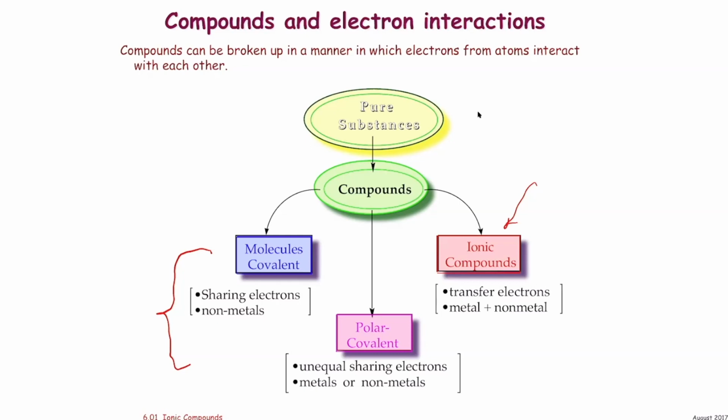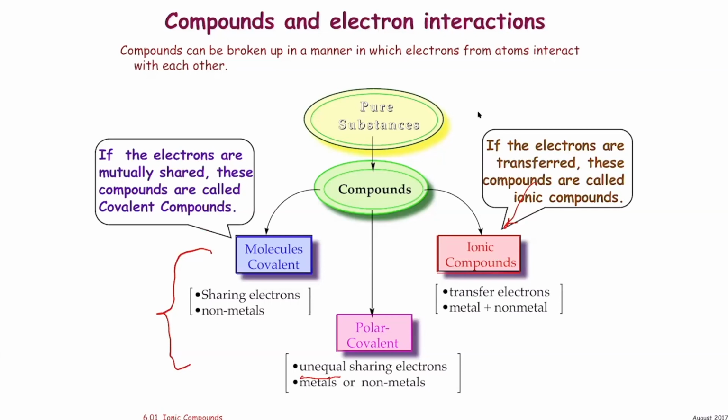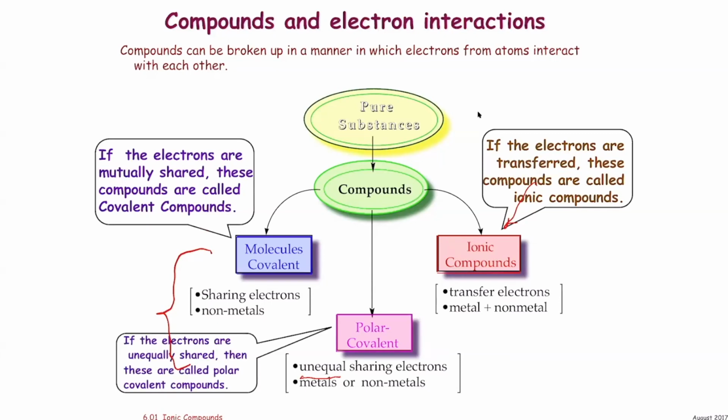And when that happens, we have something called a polar covalent compound. So let me show you that. Okay, and then this is mutually sharing. And this, of course, is unequal sharing of the electrons.